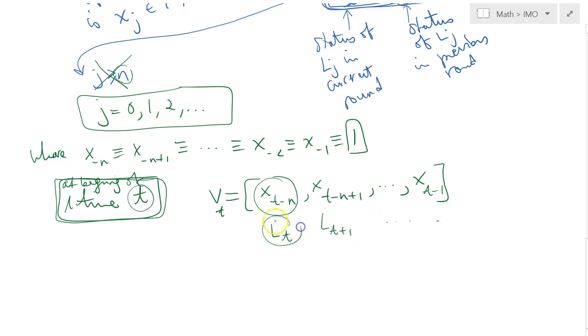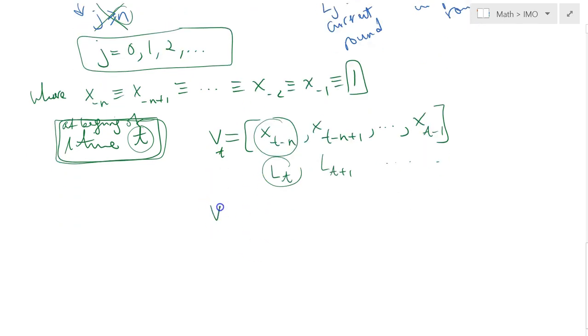So these are the previous statuses of these lamps, before they are being operated. Now we are about to operate on these lamps again. So for instance, just to make sense of it, v sub 0 would be equal to 1, 1, a bunch of 1s, because each of these lamps is 1.